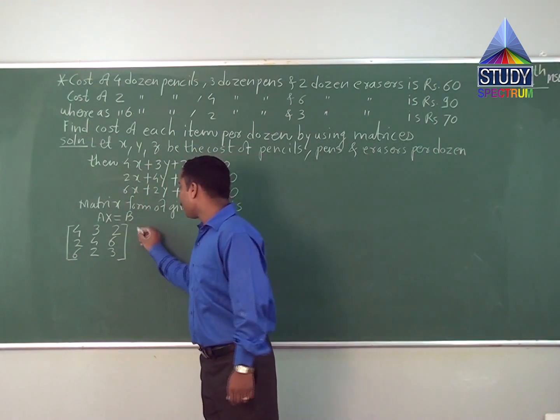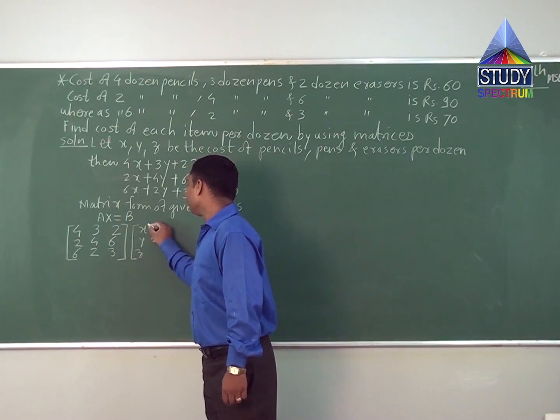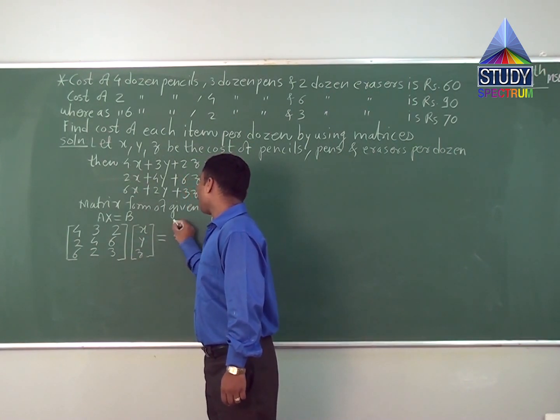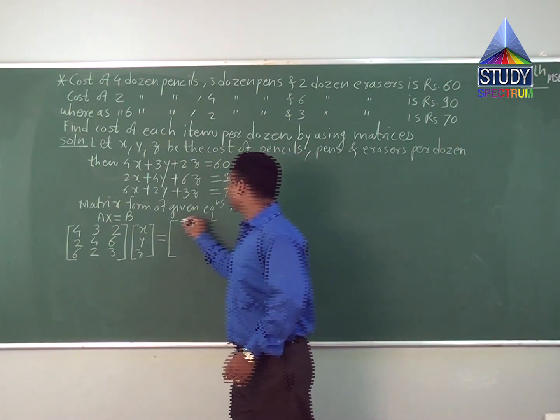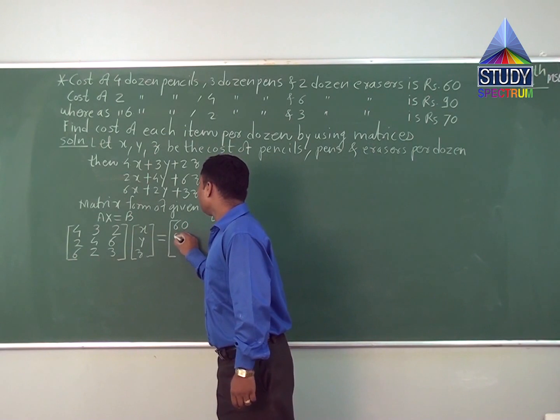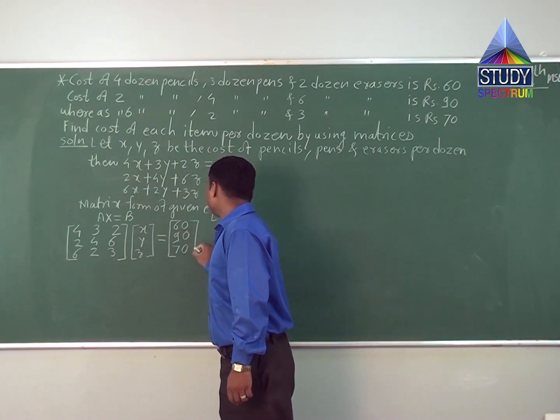Into capital X, that is x, y, z, equal to capital B, which is 60, 90 and 70.